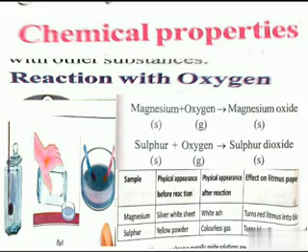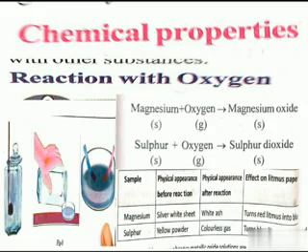So here, magnesium combined with oxygen forms magnesium oxide, and sulfur combining with oxygen forms sulfur dioxide. Is the nature of these two substances the same? No. How can we say whether their nature is the same or different? By testing with blue litmus paper or red litmus paper.